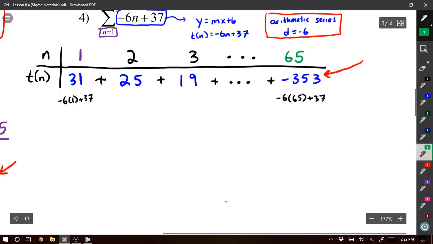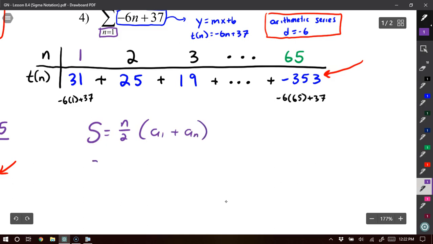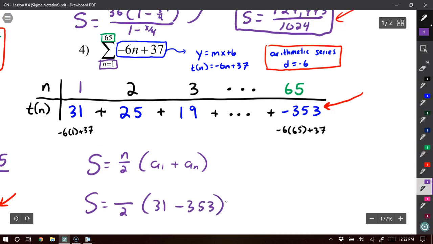Now it's asking us to find the sum. So the sum formula for an arithmetic series is n over 2 times a1 plus a sub n. So I have here, I put over 2. My first term is 31. The next term is 353. Now, what's my n? I'm starting at 1, and I'm going to 65. So in this case, that's 65.